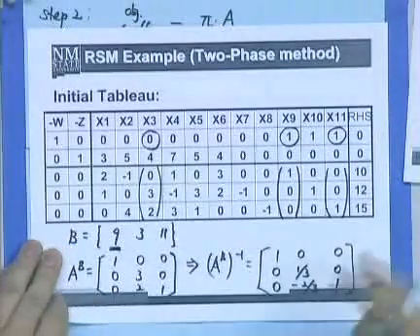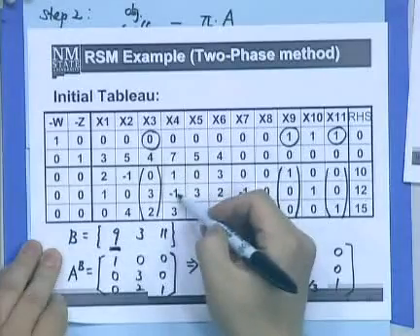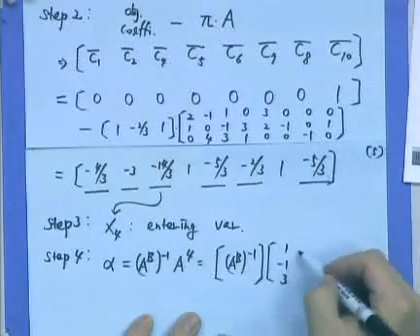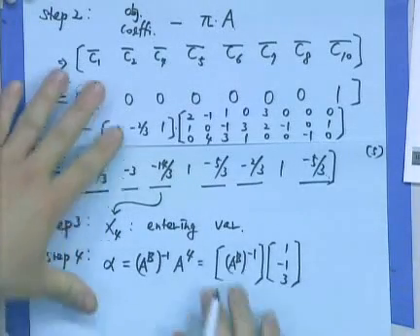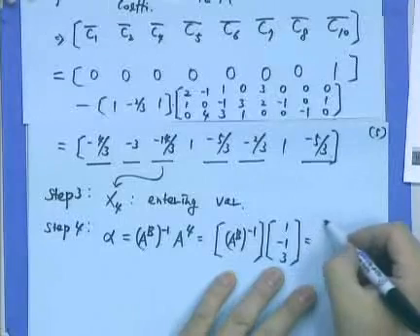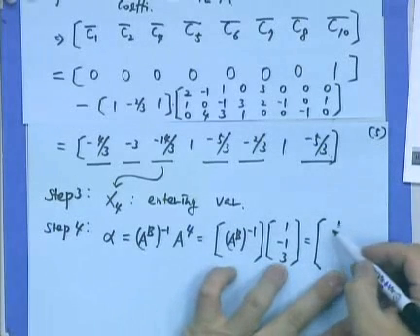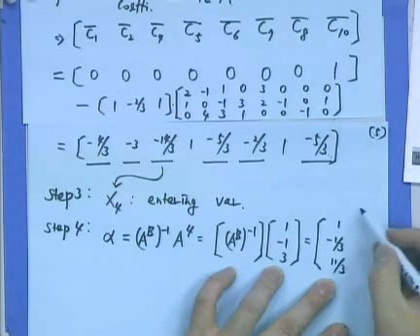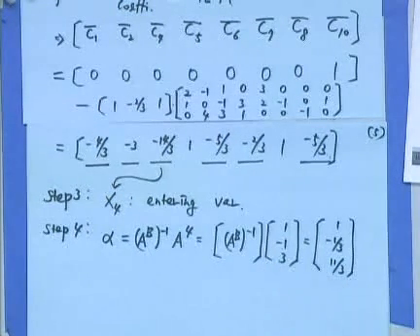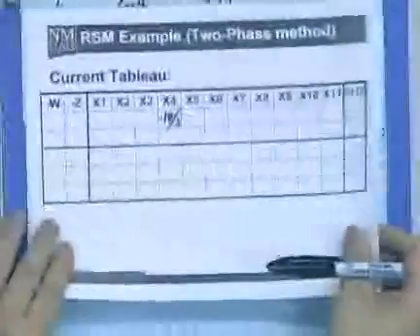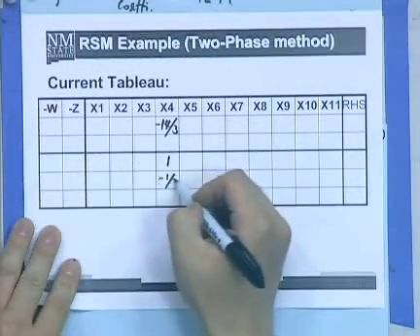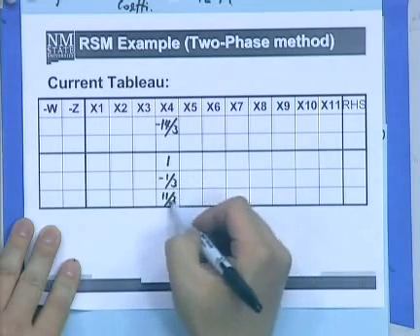A4 is 1, negative 1, 3, right? And this should be 1, negative 1/3, 11/3, if my calculation is correct. So we can add this value to the current table: 1, negative 1/3, 11/3. Okay?